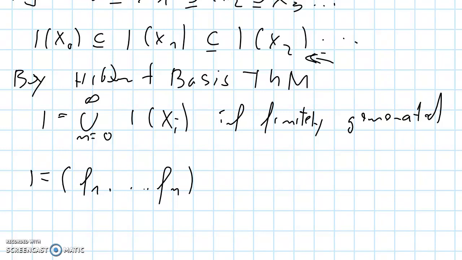So all fi, where i ranges from 1 to n, are elements in, let's say, I of Xm.